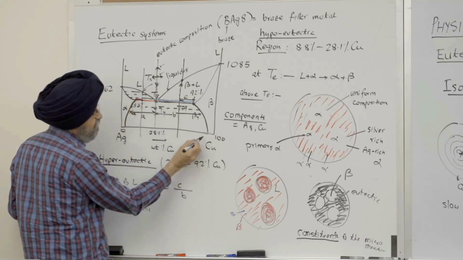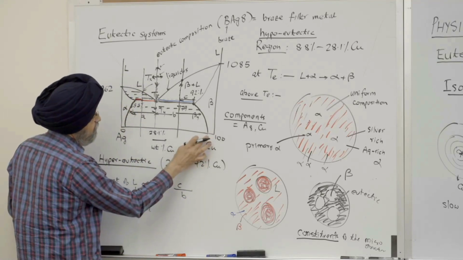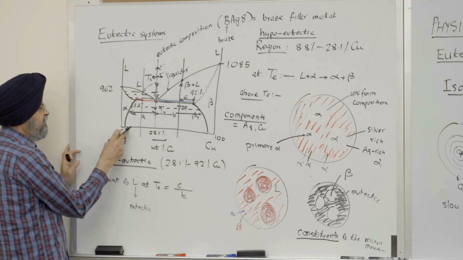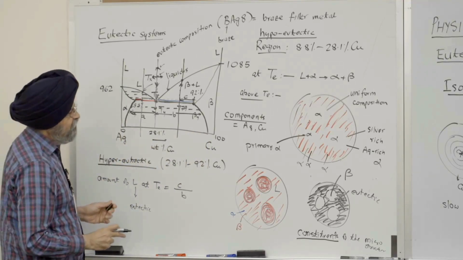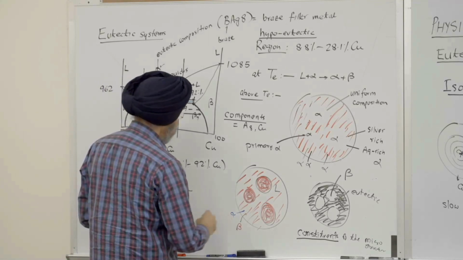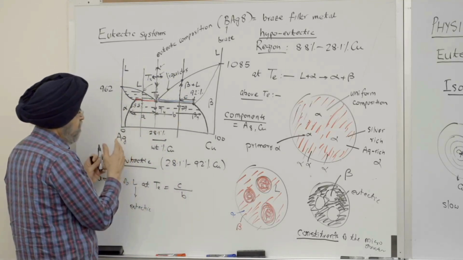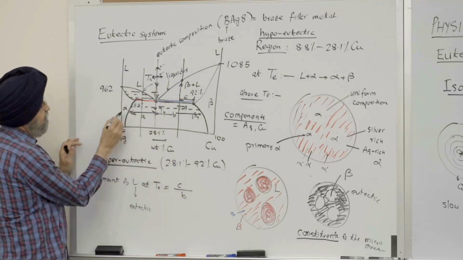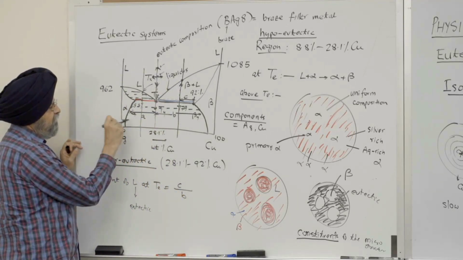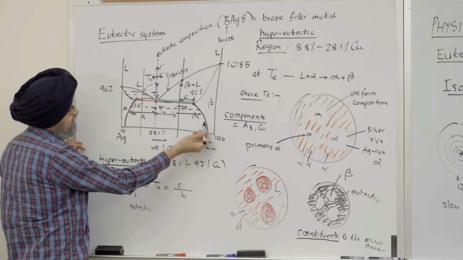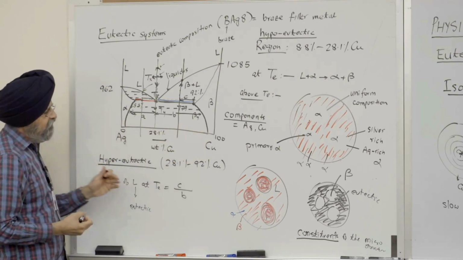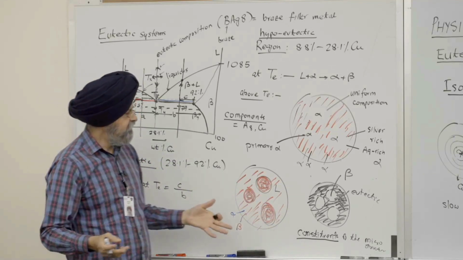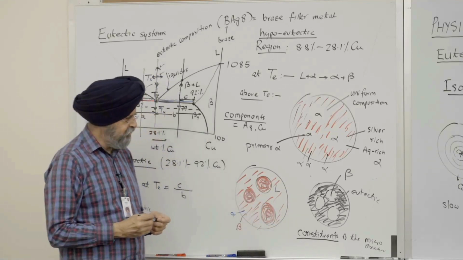So the beta phase is becoming rich in copper, and the alpha phase is becoming rich in silver. There will be diffusion of copper and silver, because the alpha phase is giving off copper and the beta phase is giving off silver. But you won't see much change in microstructure. You'll just see that the composition is changing a little bit.